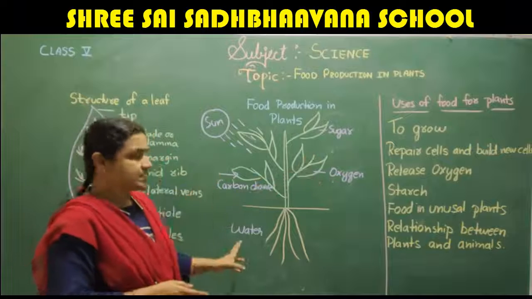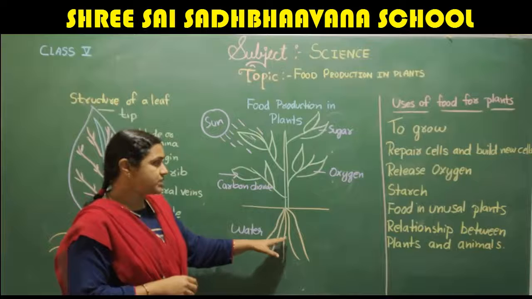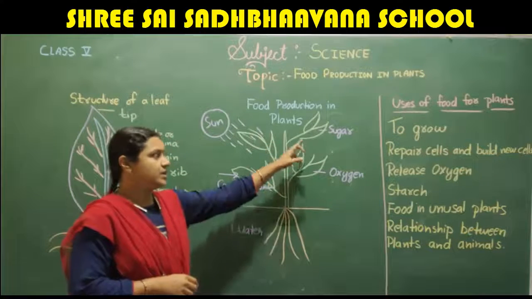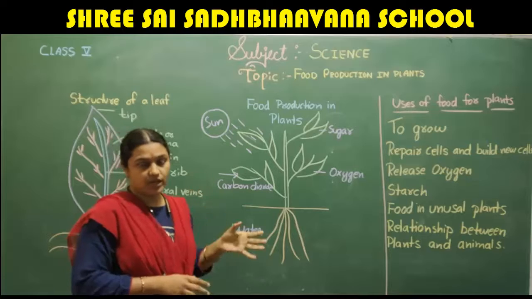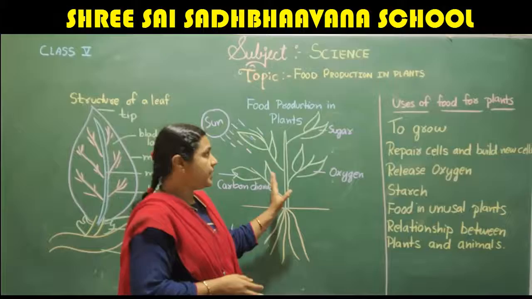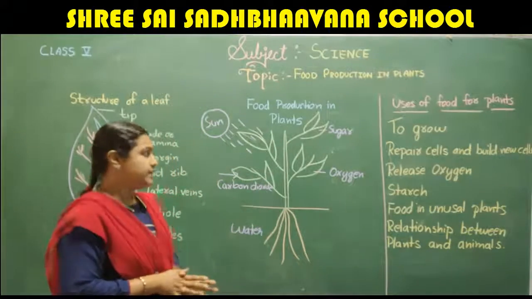If you observe this picture, you can see you have the roots, the stem, and then different leaves, and you have the branches. Now let us look at how the plant prepares its food.